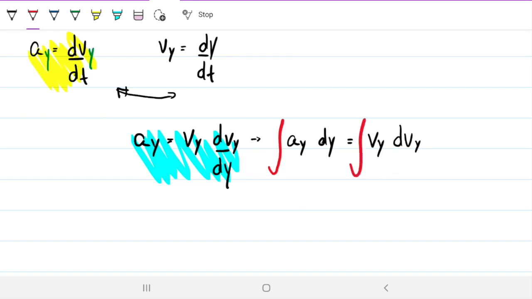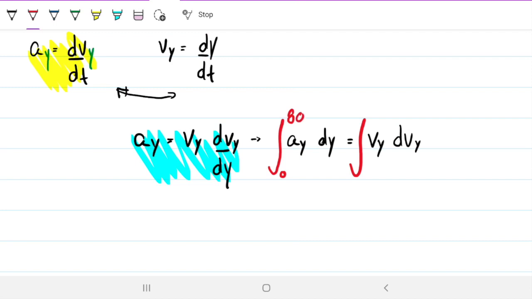From where to where? From where the plane is all the way until it hits the ground, so that's the full height, the 80 meters. I can integrate y from 0 to 80.